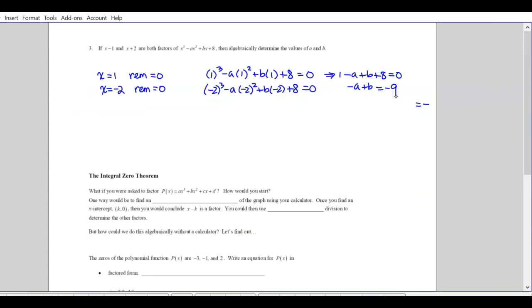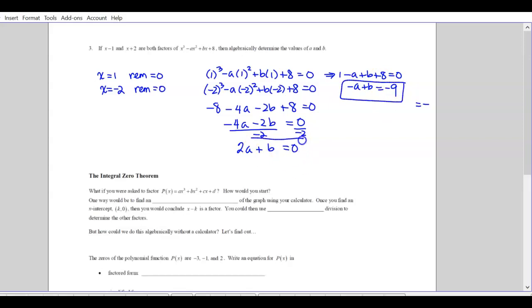Okay, and then, so that's that one. This one is negative 8. Minus 4a is 2b plus 8. Okay, and that I could divide both by negative 2. Okay, you decide what method, substitution or elimination.